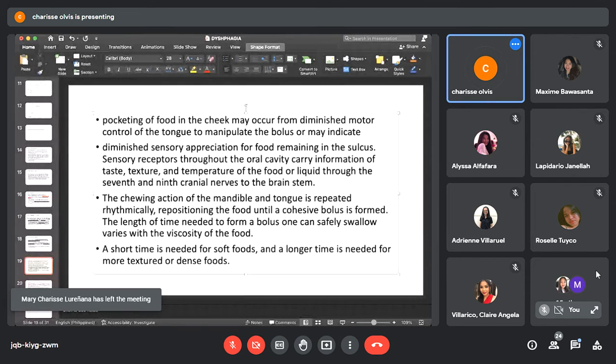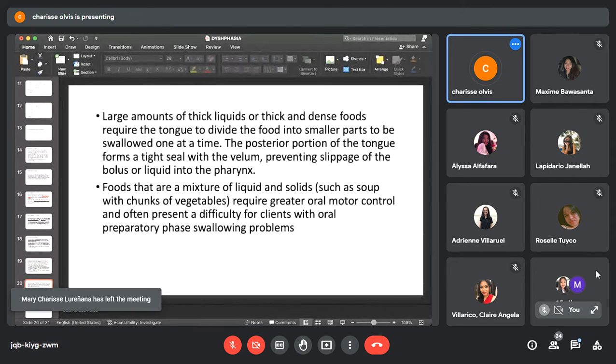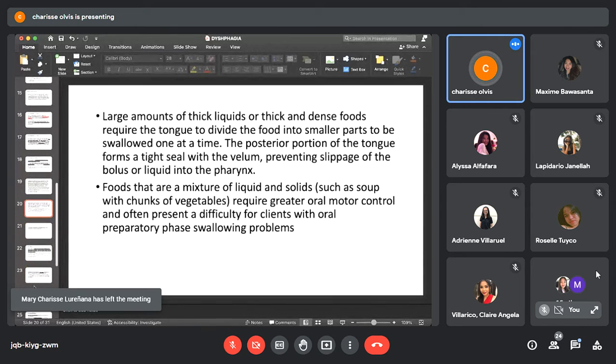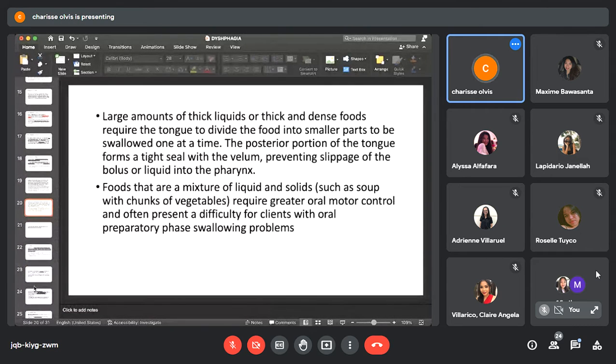Next, we have, aside from food, our clients also take in liquids. So, a large amount of thick liquids or thick and dense food requires the tongue to divide the food into smaller parts to be swallowed one at a time.